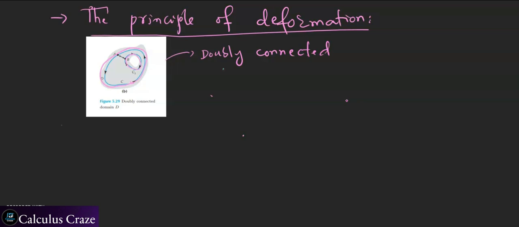What can we do? We can define a cross cut. We make a cut here, and with the help of this cut, the domain becomes something like this.